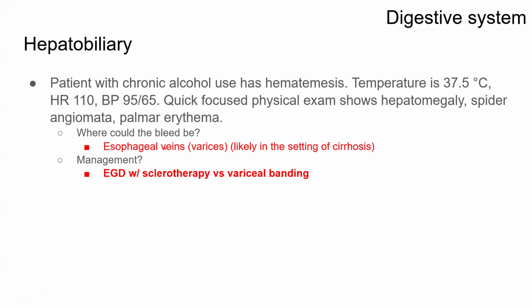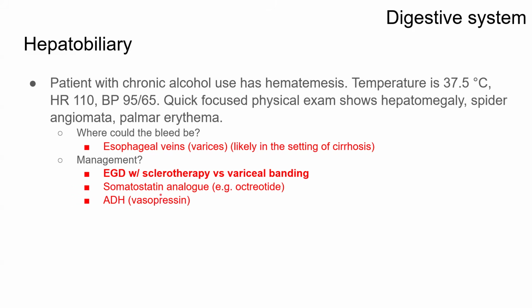First, I've seen you get an EGD, or an esophagogastroduodenoscopy, with sclerotherapy versus variceal banding to stop the bleeding, right? Because they're bleeding, they're throwing up blood, you want to stop it. So you do one of these options. You also want to consider a somatostatin analog, like octreotide, to manage the bleed.